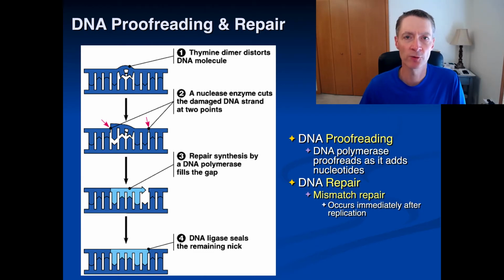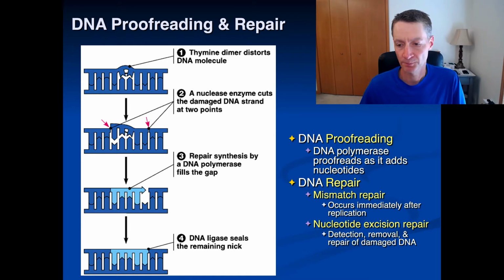Another is mismatch repair. Finally, we have another kind which is called nucleotide excision repair. This is an ongoing process where the DNA in cells is constantly being rechecked and rechecked, and the detection, removal, and repair of damaged DNA is being done.